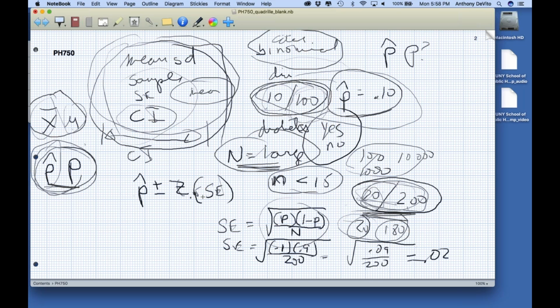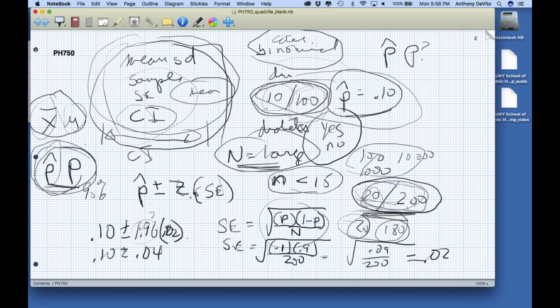That's our standard error. So for this particular sample, our 95% confidence interval is going to be 0.10, right? The 20 over 200, p cap, is 0.10, plus or minus 1.96 times the standard error, which is 0.02. Again, I'm going to say 2 times 0.02 is 0.04, so it's 0.10 plus or minus 0.04.